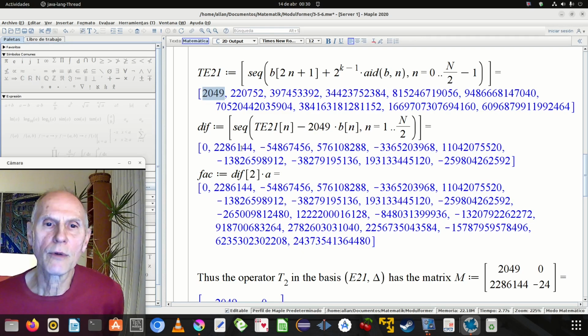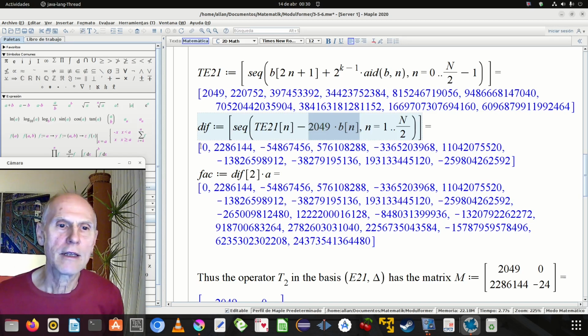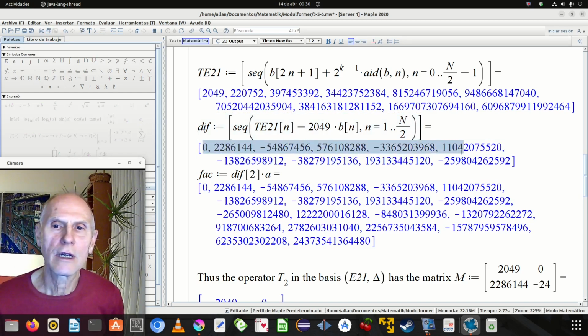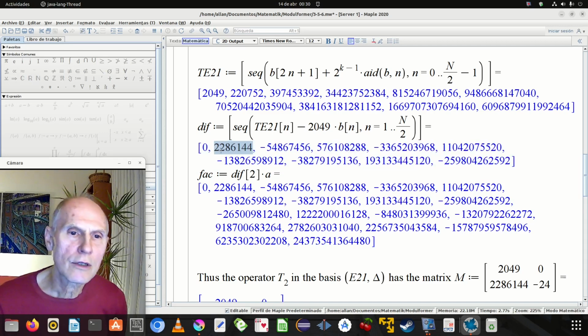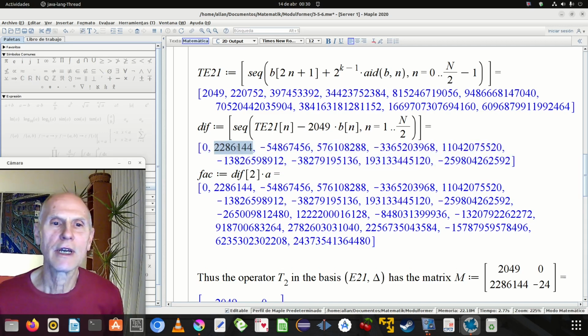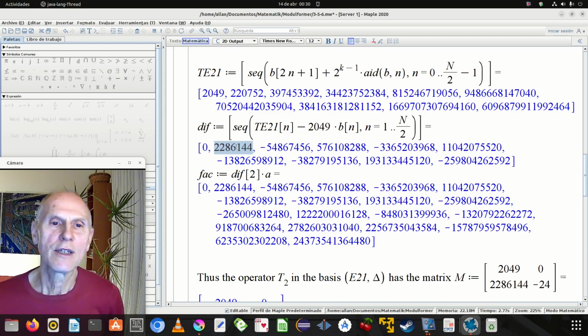That's one of the theorems. So we subtract to see the difference, yeah? And this is what we get. And then this should be 2,286,144 times the delta function.